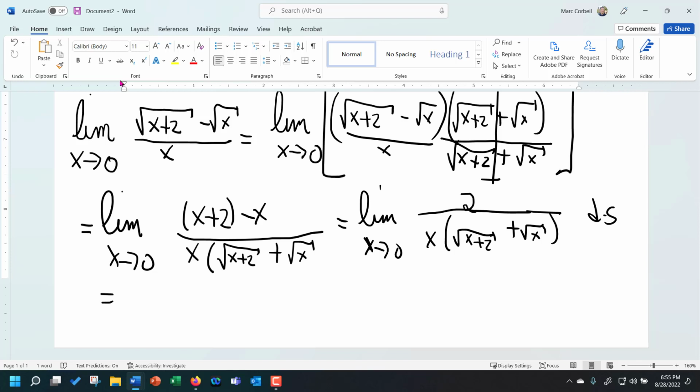So where I have 0, 2 will be in the numerator. If I look over here, let's see. I was hoping for something better. Oh well, it is what it is.